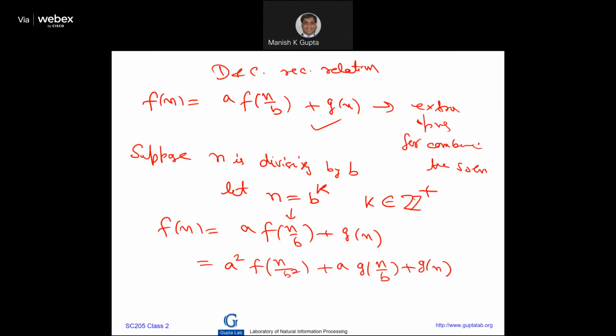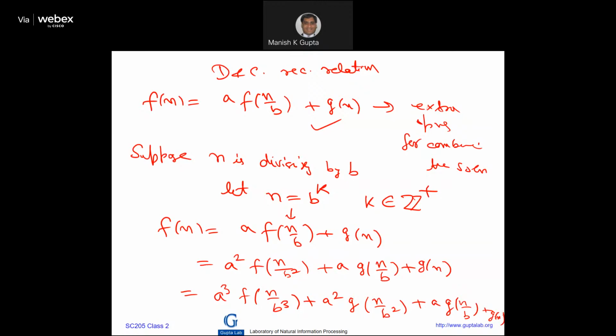I have used the same equation again in that recurrence, and we can continue like this. We will get something like a cube f of n by b cube plus a square g of n by b square plus a times g of n by b plus g of n.